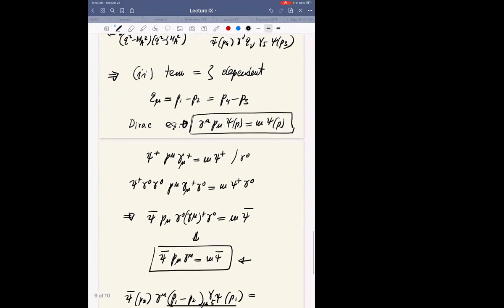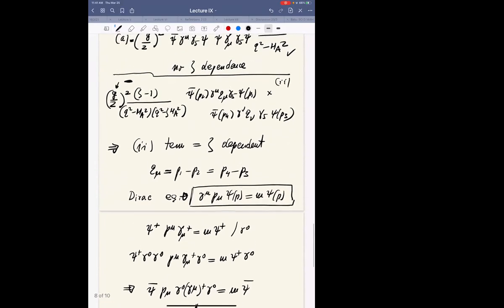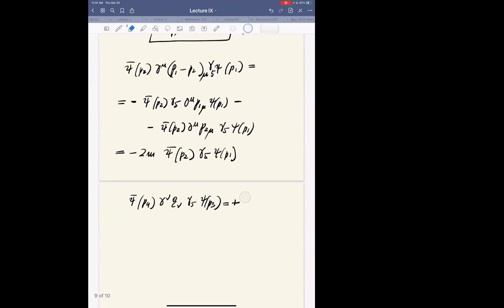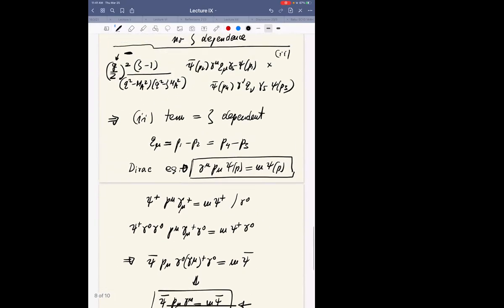Q was incoming minus outgoing, but here it is outgoing final minus incoming. So there is an opposite sign, which is plus 2m psi bar gamma 5 psi. You got to check on me, because if I make a sign mistake, I'm going to be in trouble.